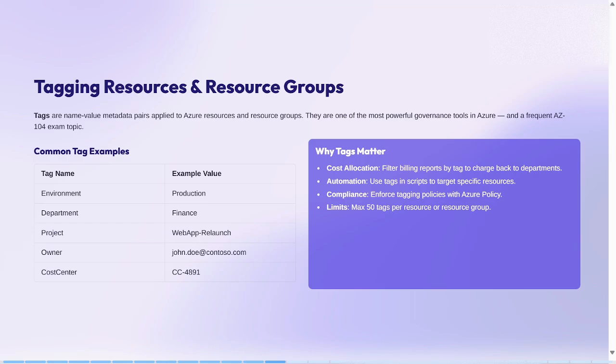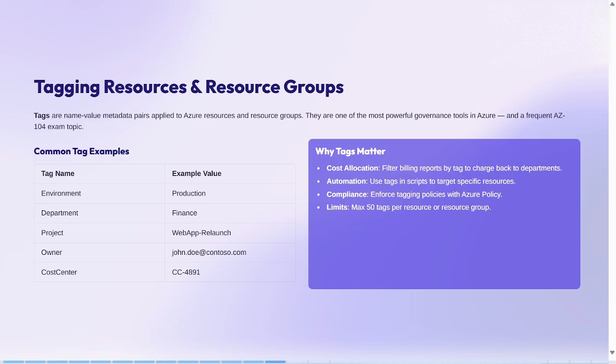Why are tags important? In enterprise Azure environments, organizations may have thousands of resources. Without proper tagging, it becomes difficult to answer questions like who owns this resource, which department is using it, which application does it support, how much does this project cost.